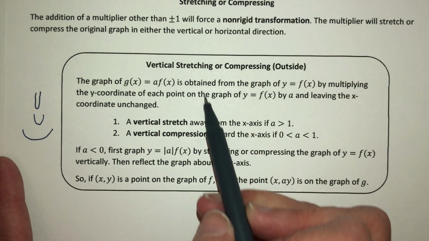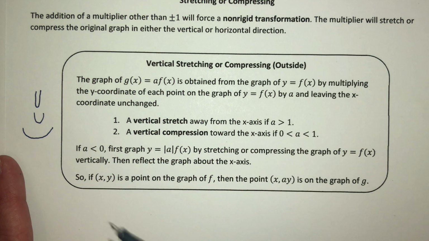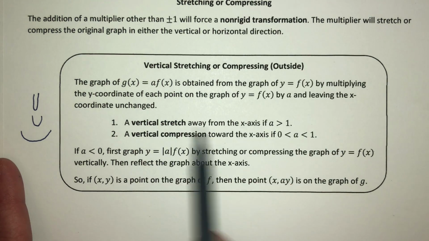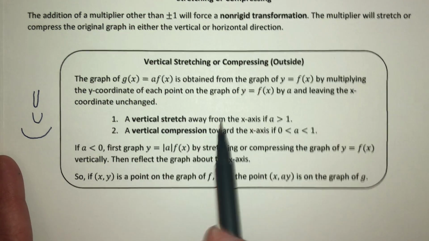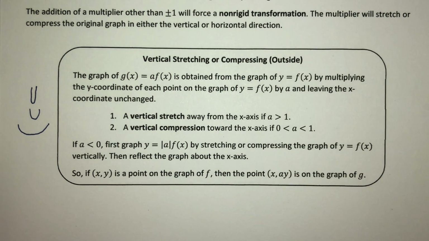So we deal with this. And then, if the multiplier is a negative, that means we're also going to have a reflection involved. We need to do the compression or stretching first, which is why if you look at the formal definition here, it has an absolute value in it. So basically we ignore the negative for a step, figure out how to compress things, and then we do the reflections that we need to take care of.